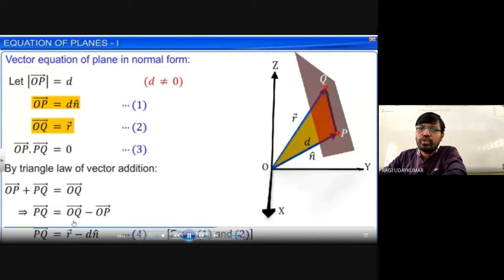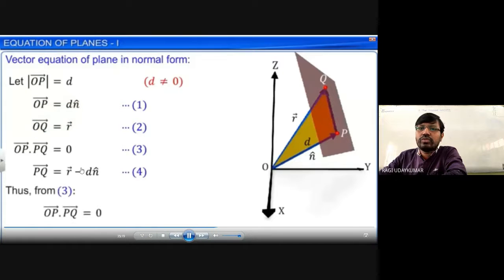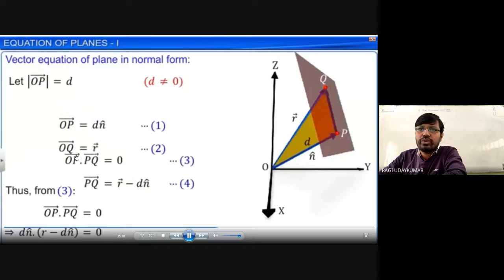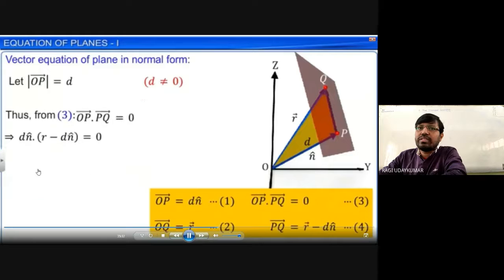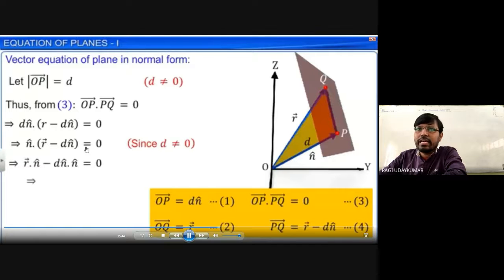Here OQ is equal to R bar and OP is equal to D into n cap. So now from 3, what can you say? OP dot PQ is equal to 0. From this you are going to get D n cap dot R bar minus D n cap is equal to 0, and n cap dot R bar minus D n cap is equal to 0.